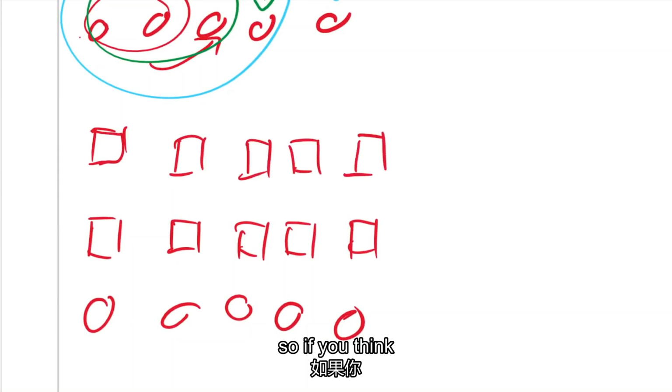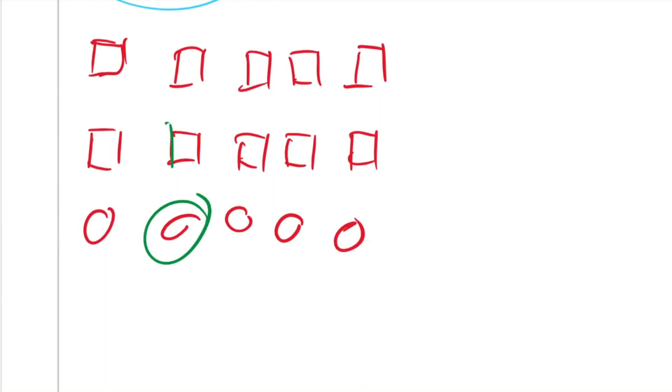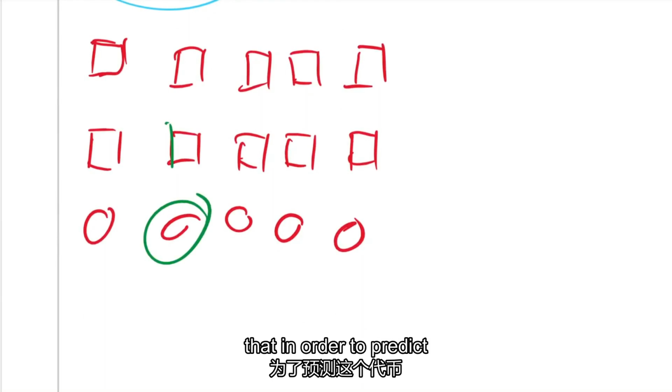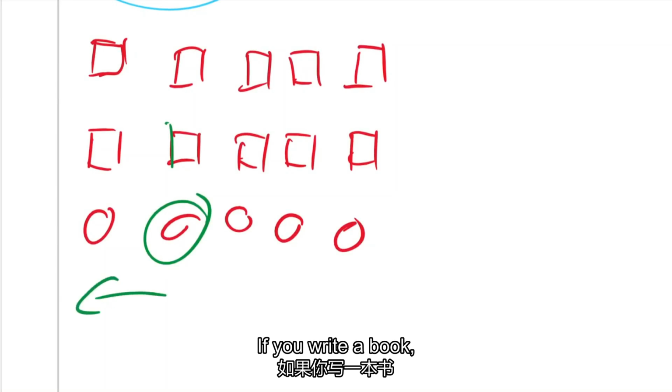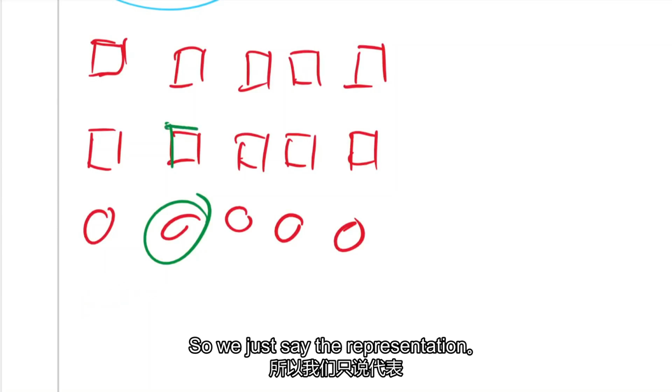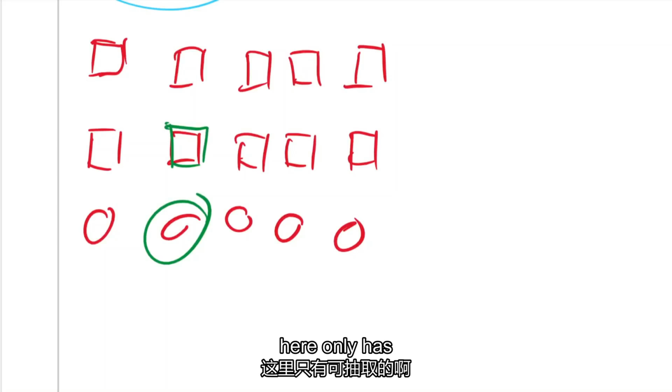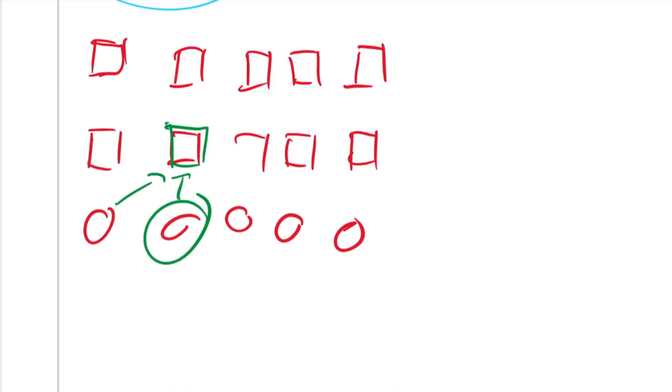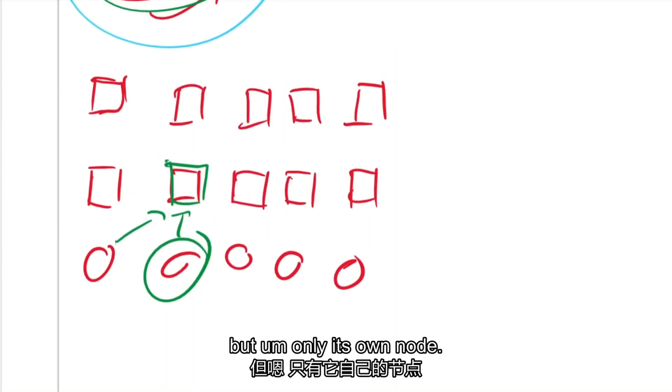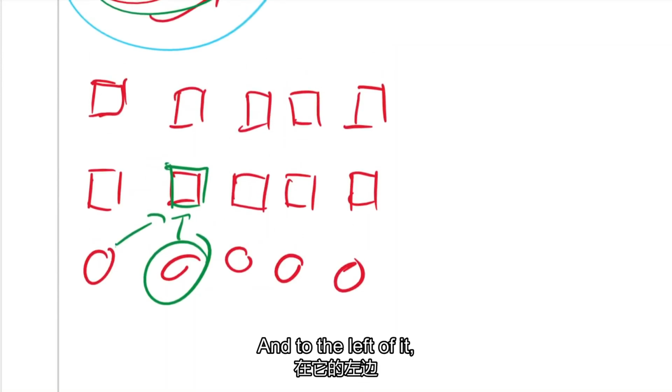Okay, so if you think of this token right here, in order to predict this token, we only have access to what came before it. Like if you write a book and you write the next word, you've only written the words in front of it. So we say the representation here cannot draw information from over here. That's forbidden. We let it draw information only from its own node, and to the left of it, depending on how it's represented.